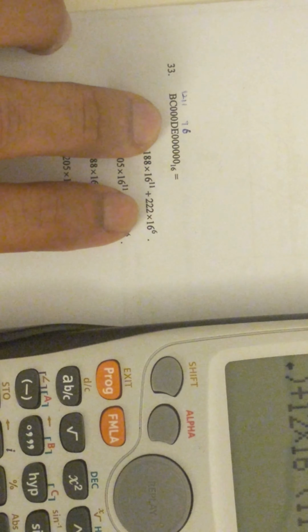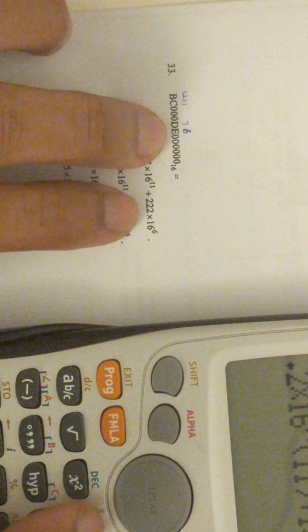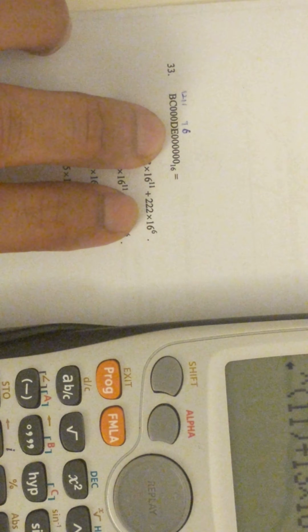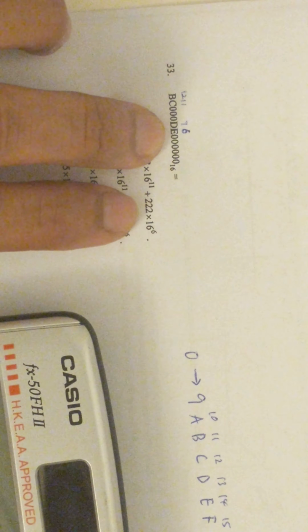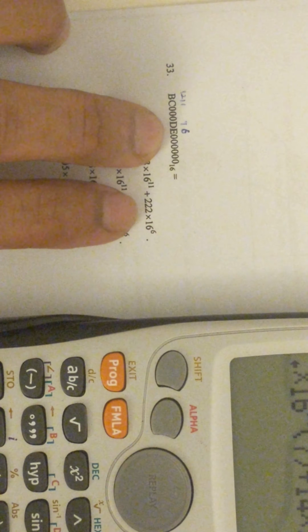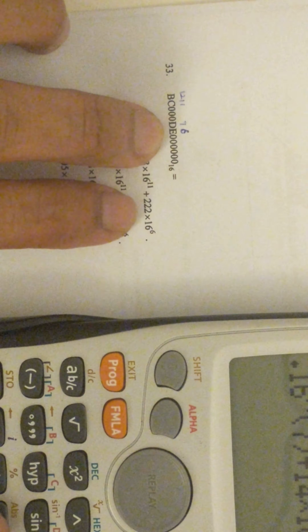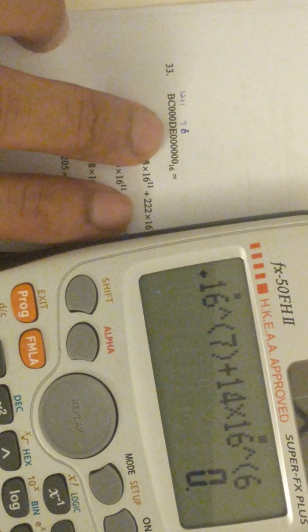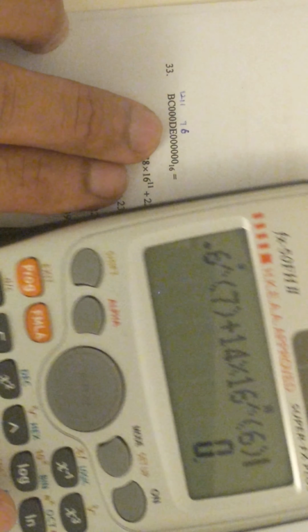plus D, D is 13 times 16 to the power of 7, plus E, 14 times 16 to the power of 6. Now remember, every time when you power, you make sure you put this bracket, close it as well. Okay, close the bracket.